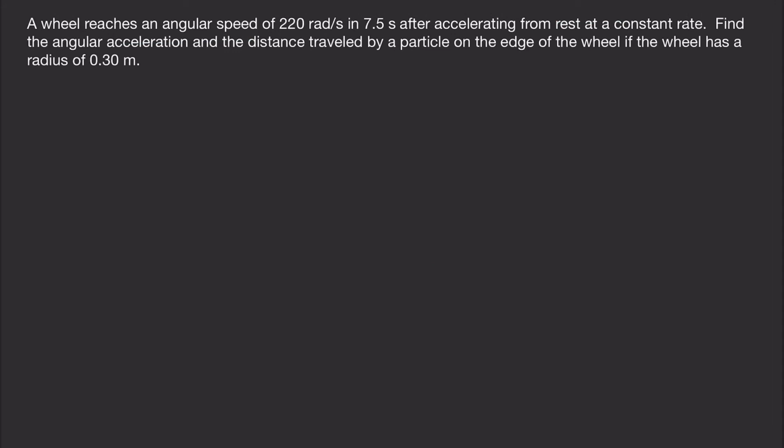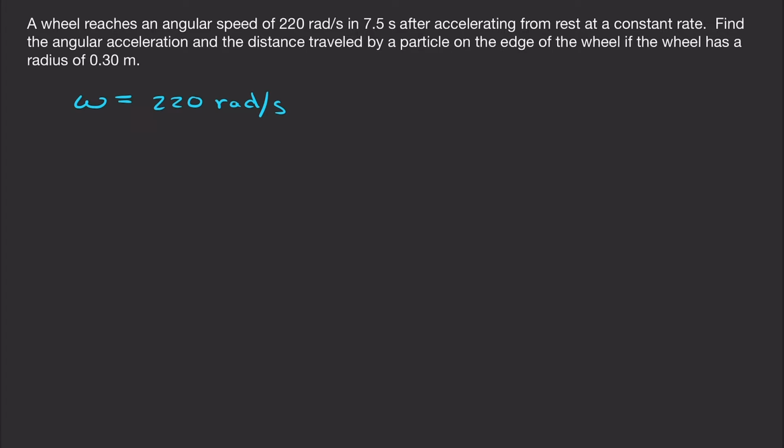The next problem, we have a wheel that reaches an angular speed of 220 radians per second in 7.5 seconds after accelerating from rest at a constant rate. Find the angular acceleration and the distance traveled by a particle on the edge of the wheel if the wheel has a radius of 0.3 meters. So I'm going to write what I know. Omega is 220 radians per second.